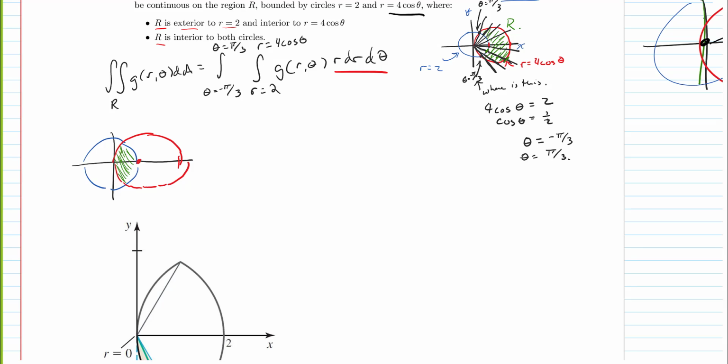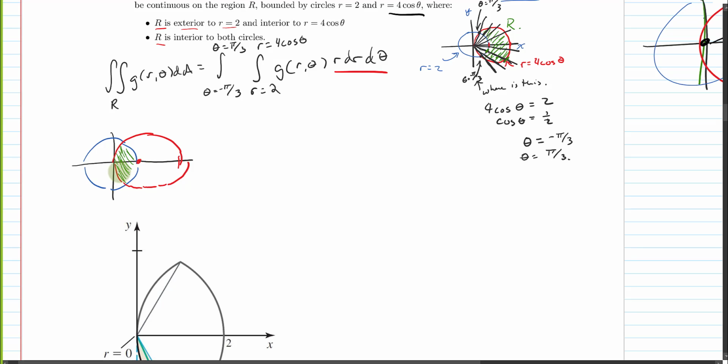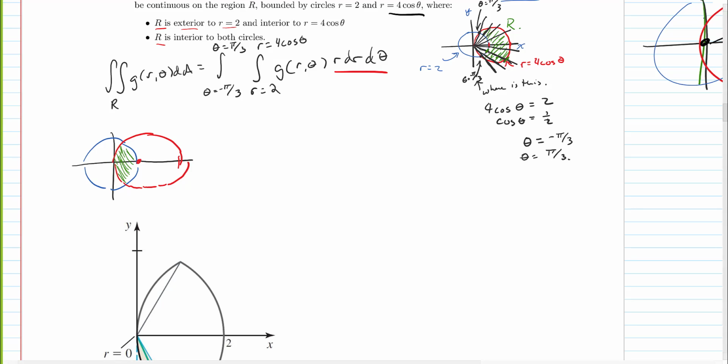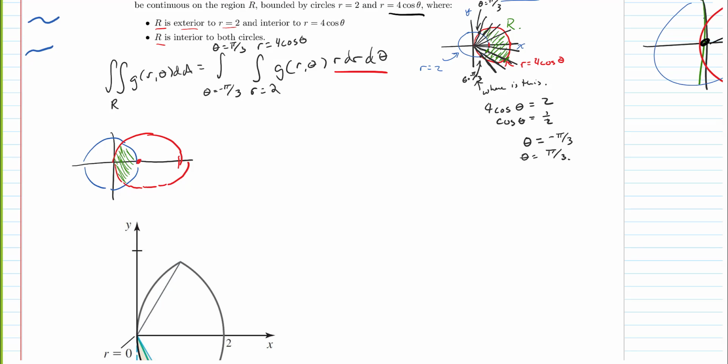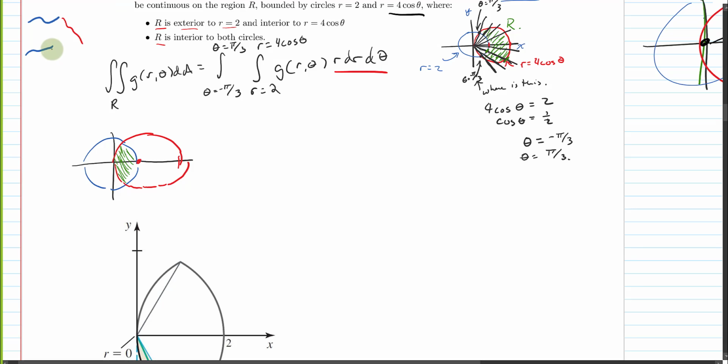So just as before, we're going to have the question of what angles are we going to be sweeping from. We also want to be talking about the radii here, because what we find is that this is sort of like one of our regions in the xy plane, where at some point we change which curve is on top, and so we have to break this up into subregions because we've changed the upper curve.